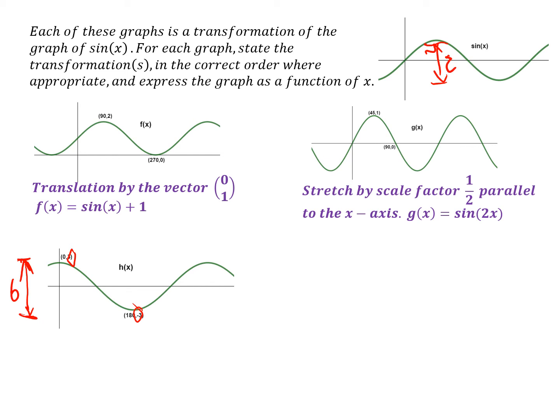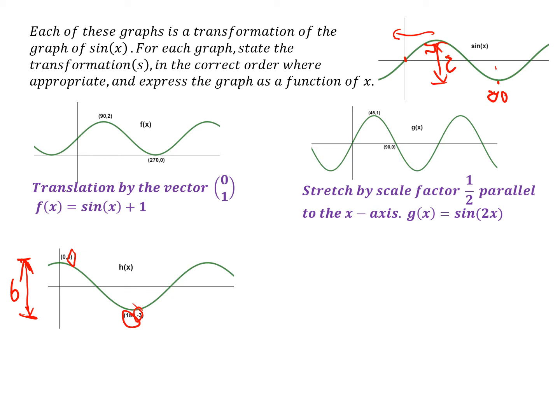But that's not all, because if we just multiplied this by 3, then the graph would go through the origin. It looks to me as if the graph has also been shifted to the left by 90 degrees, and that's confirmed by the normal figure of 270 here is now 180.